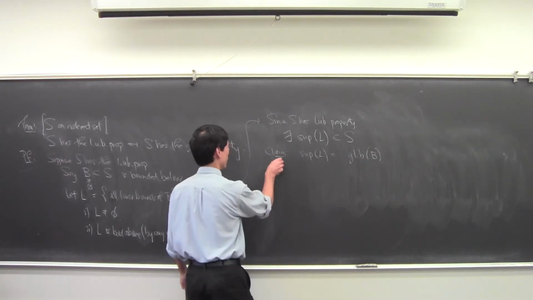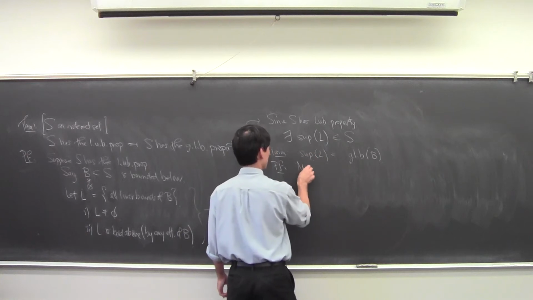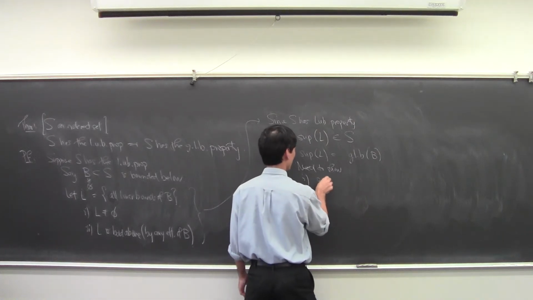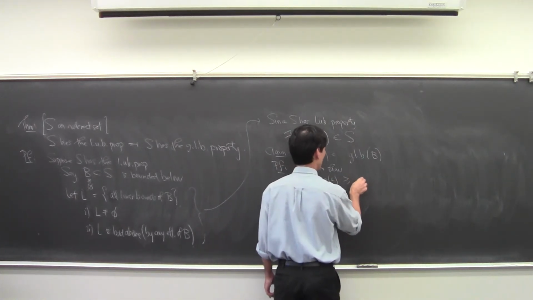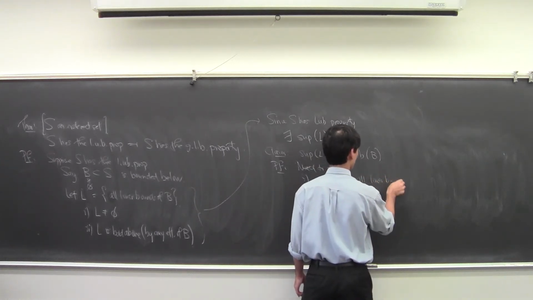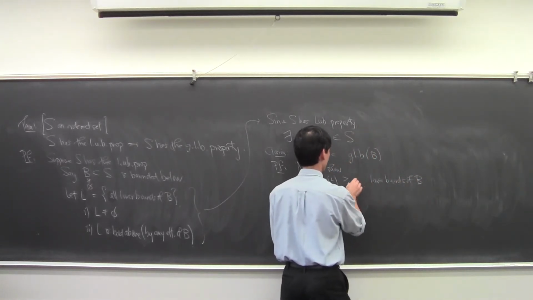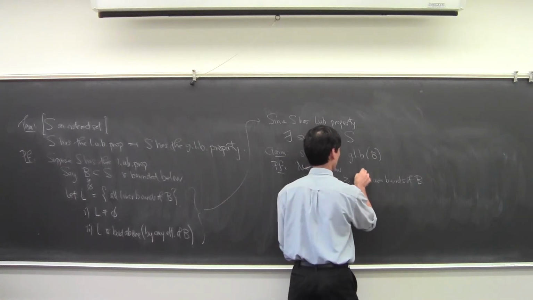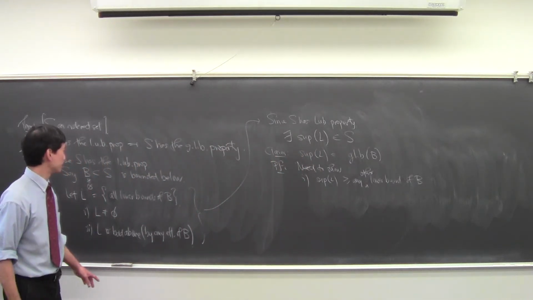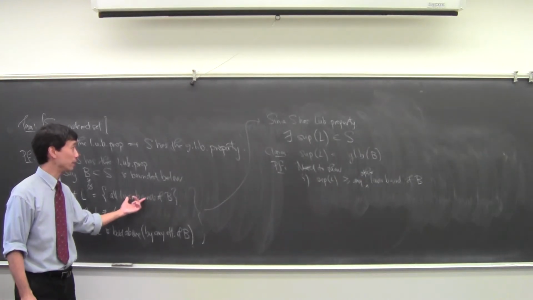So there's two parts to this. We need to show one, that supremum is bigger than or equal to any other lower bound of B. But it's the supremum, the least upper bound.